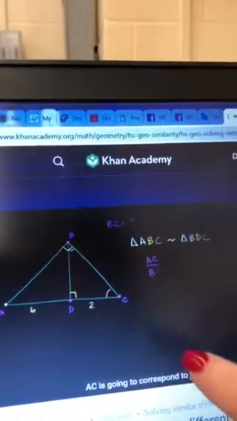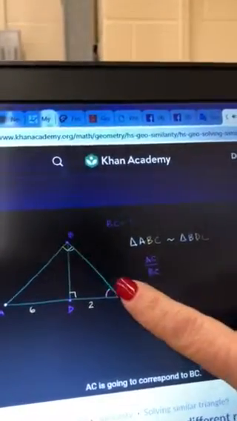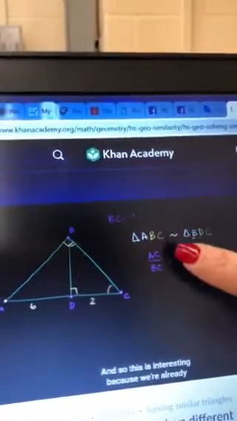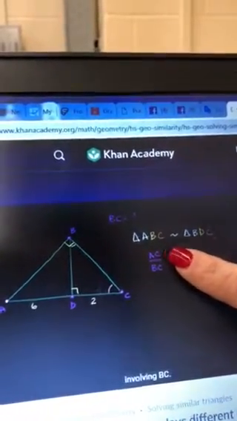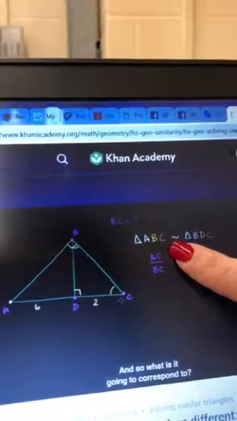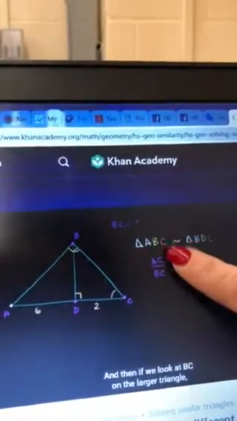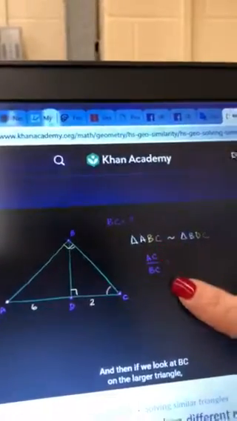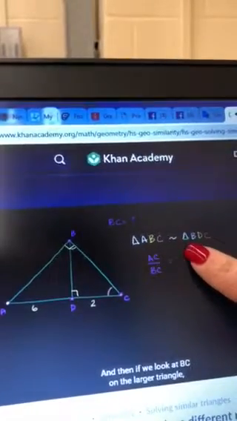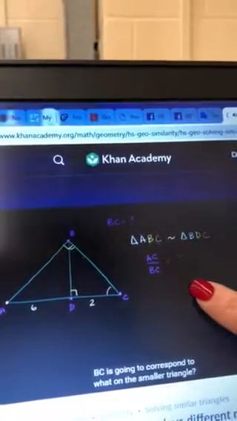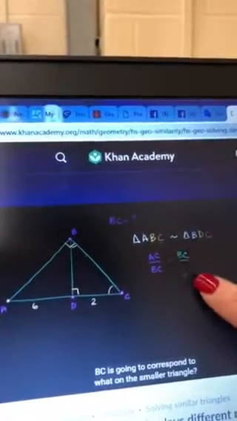And he's putting that to BC, which is the hypotenuse in the little triangle. So it's hypotenuse in big to hypotenuse in little. So big on top, little on bottom, big, little. Hypotenuse, hypotenuse. And then we pick long leg or short leg, it's going to again be big, little.